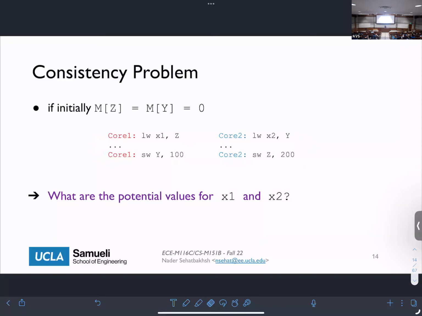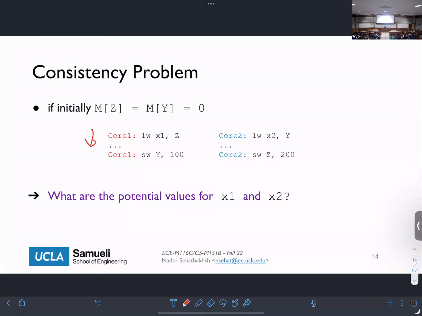To give you a more concrete answer, let's look at this example. Let's say Z and Y are two different addresses. They're initially equal to 0, so 0 is stored in those two locations. Let's say we have two cores that are part of the same program.